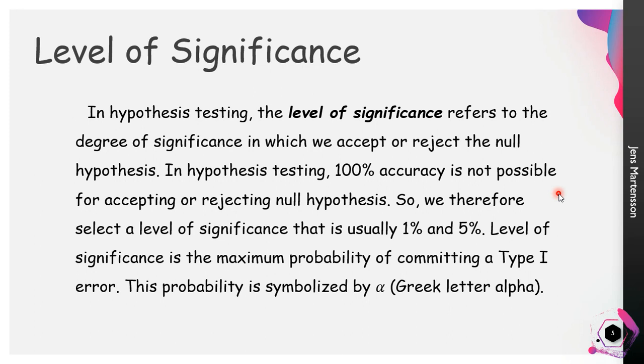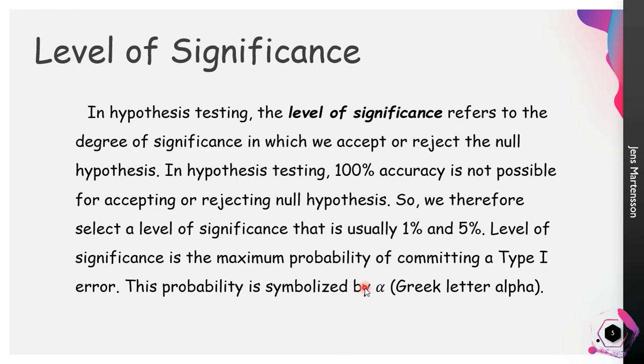Pero, syempre, since I introduced to you the 1%, teacher will give some examples also using the alpha or using the level of significance of 1%. By the way, aside from level of significance, tinatawag din natin siyang alpha. Okay? This is the symbol that we will be using for the level of significance.